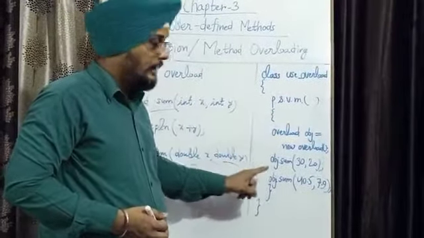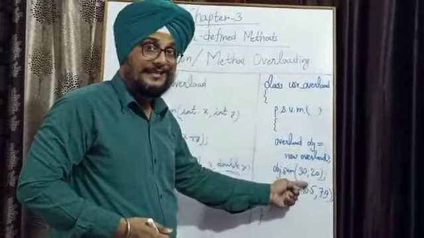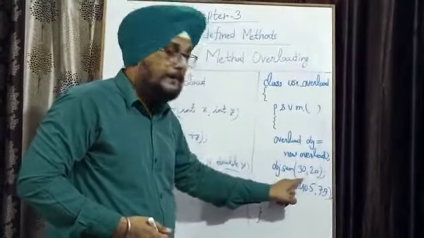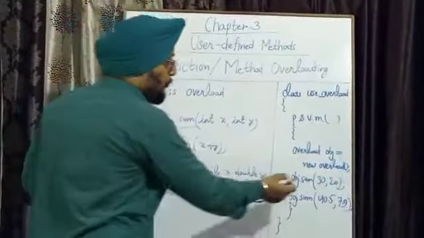You know very well, obj.sum(30, 20), these are two integers. Seeing this, your compiler will automatically jump to that sum function for which two integers are passed.